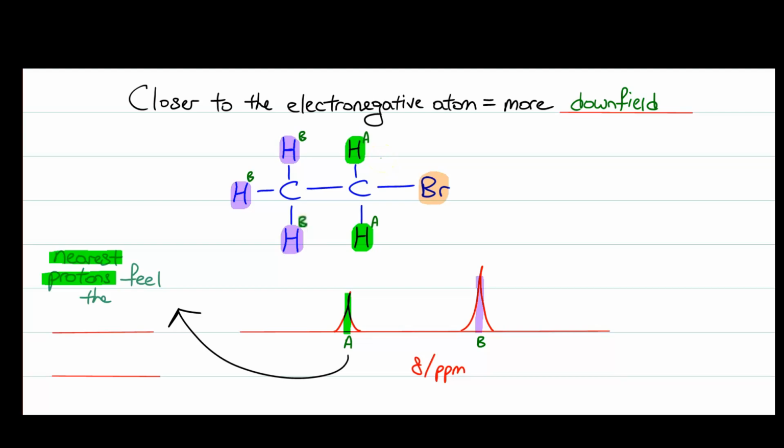In this case, it is HA. That proton is usually the more downfield one. More downfield because more deshielded. So the nearest protons typically feel the strongest effect.